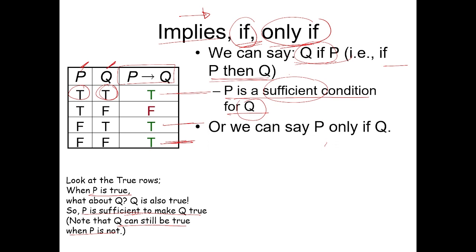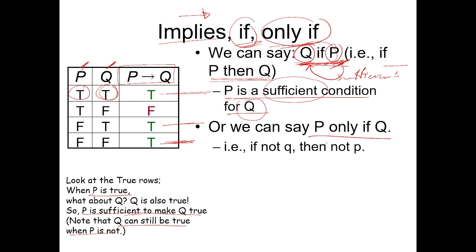Okay. So saying that P is a sufficient condition for Q is basically the same as saying Q if P. That's how they write it. This is the convention. Q if P, which means P is a sufficient condition for Q. Or, jumping to the next portion, you can say that P only if Q. So why do you say that?